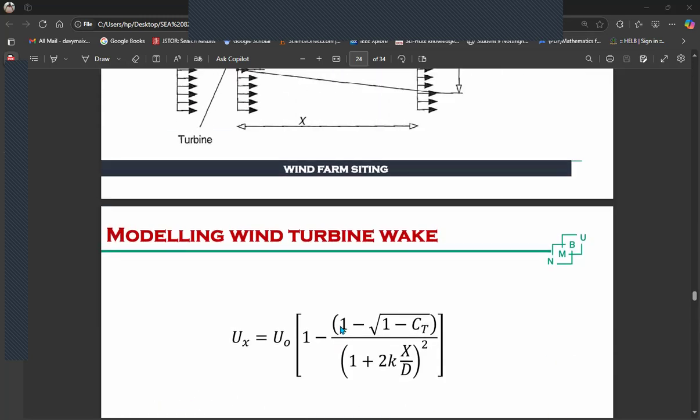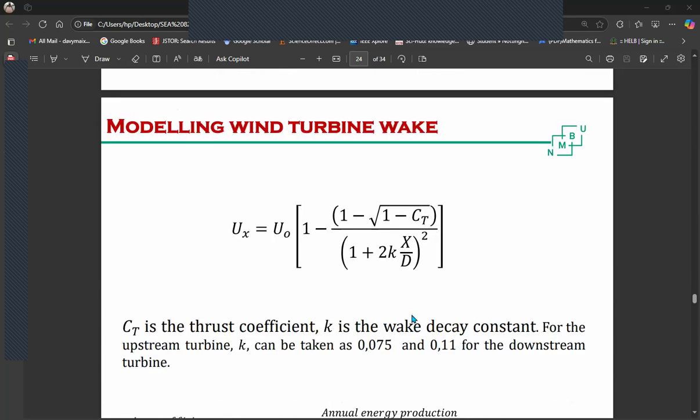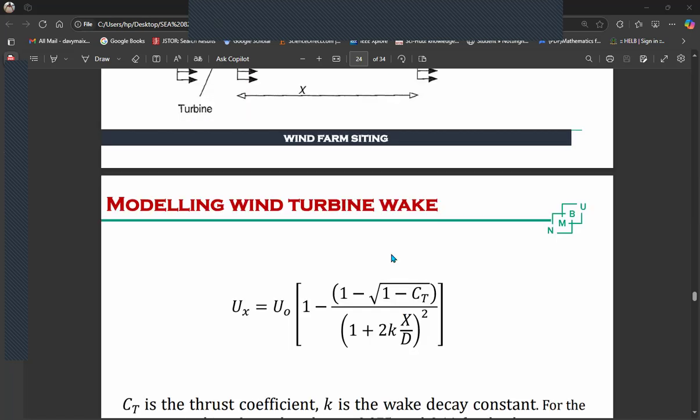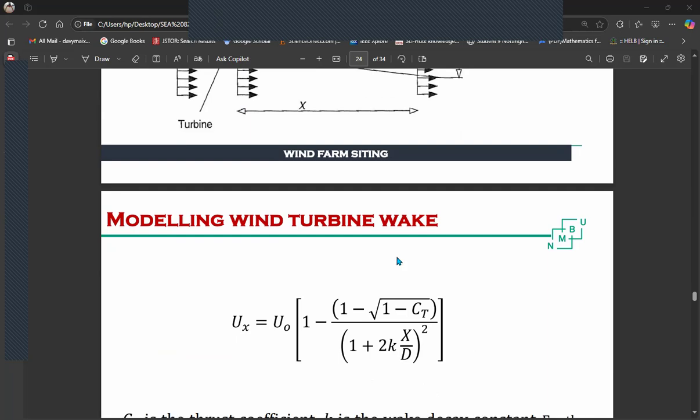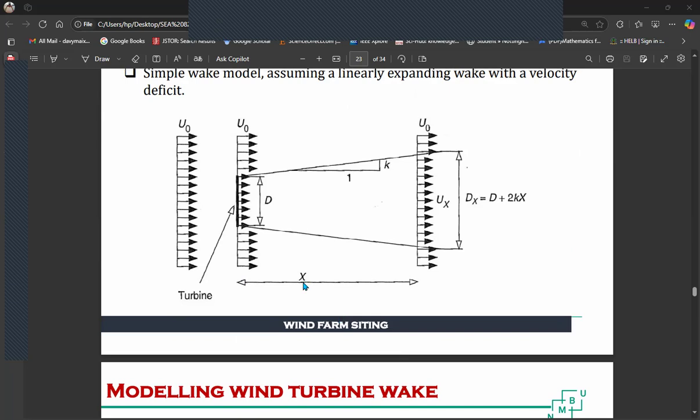And then we have these other parameters. We have CT. CT is the thrust coefficient, as you can see down here. And another parameter that we have is K, which is the wake decay constant. And then you notice that all these parameters make the calculations easier because we have X here, and X is given in diameters, which I will get to.